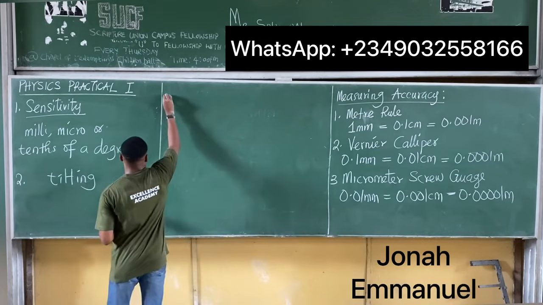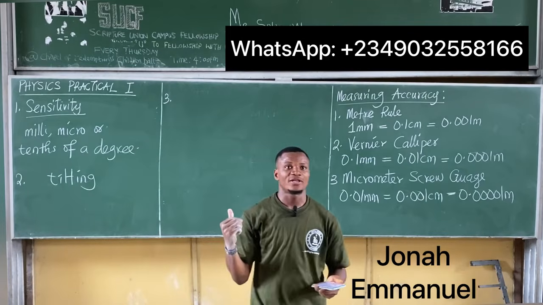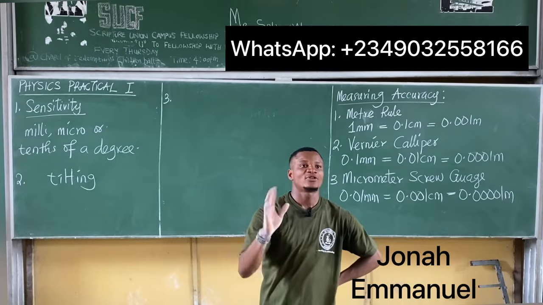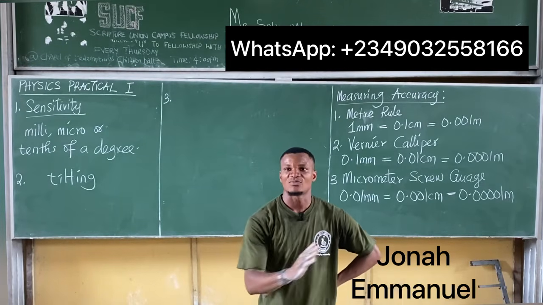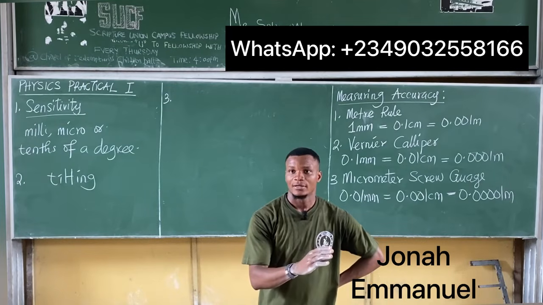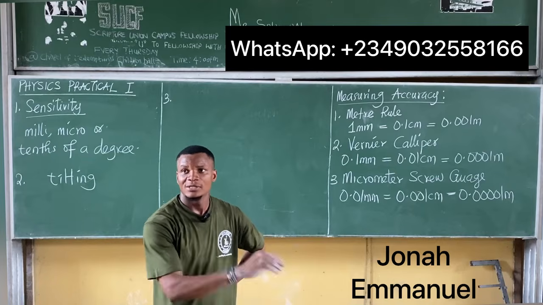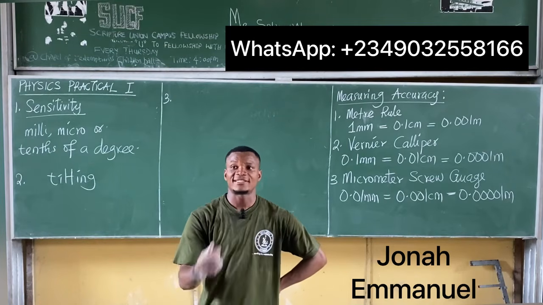Finally, number three, before we go. This is one of the regular questions. If you did the simple pendulum experiment, one of the instructions they'll give is that you tilt it at a small angle. Why a small angle? The idea is to reduce the effect of air resistance.